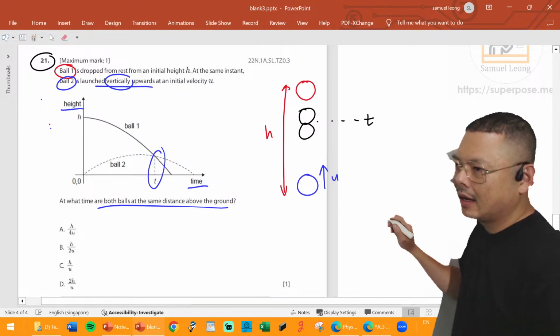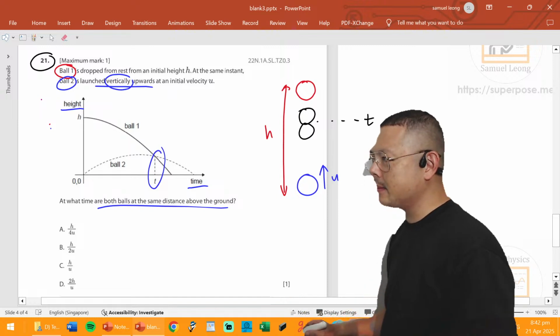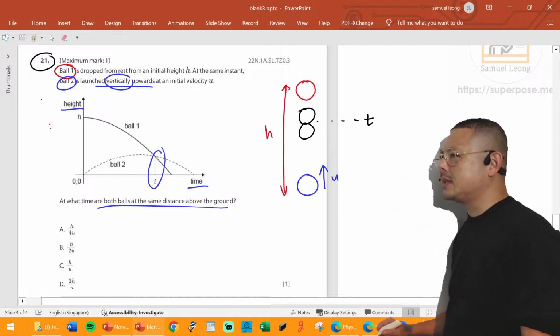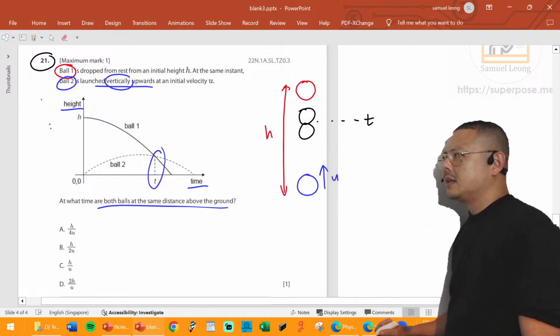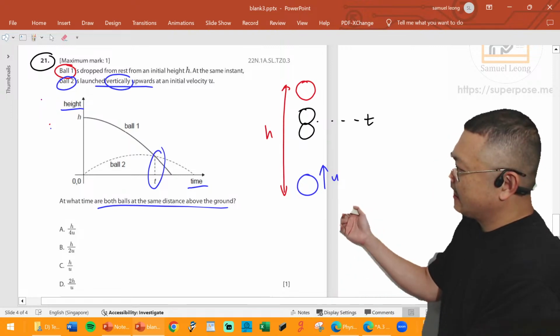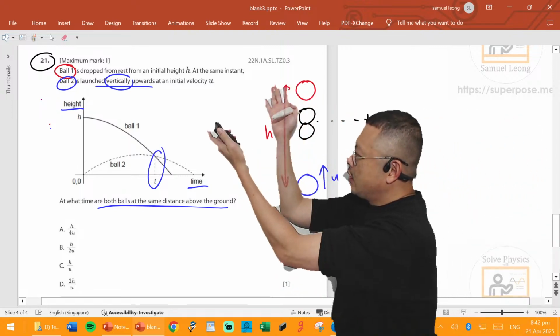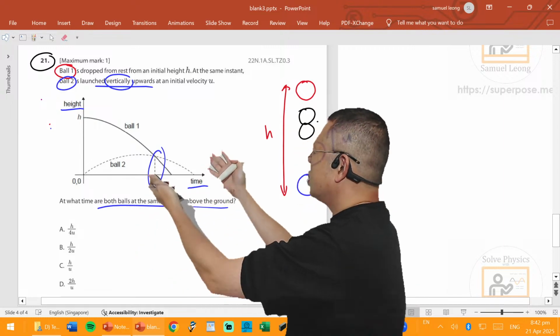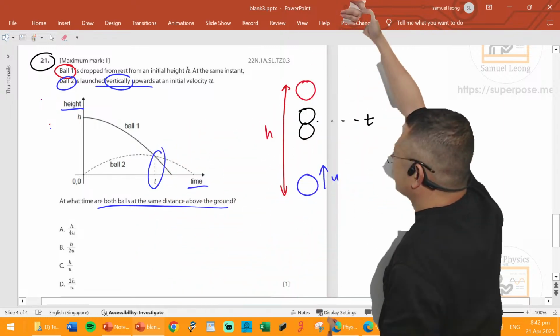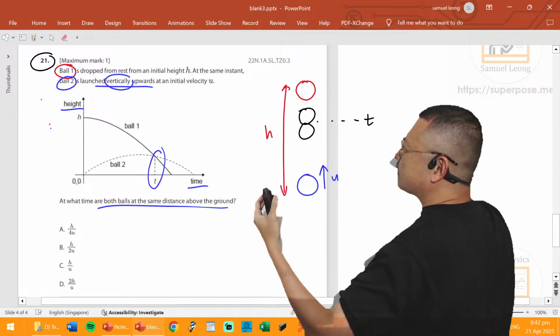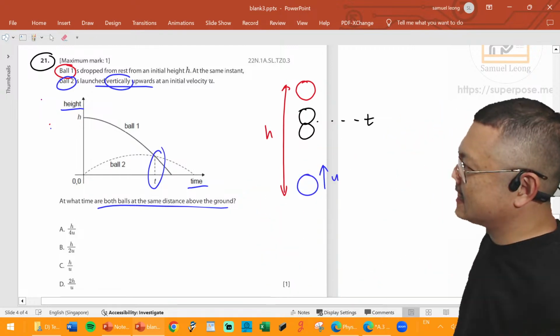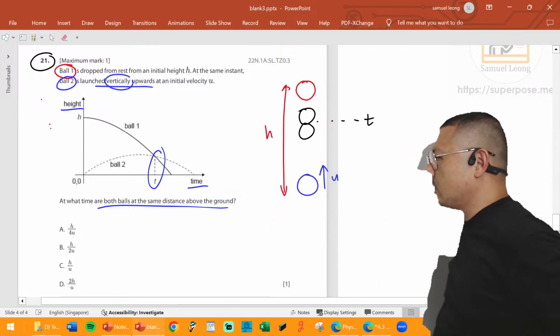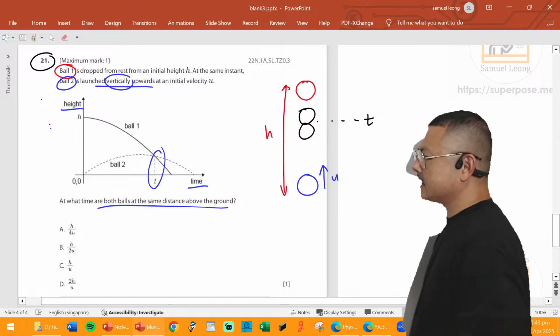I'm thinking of kinematics. It feels like you give me time, you ask me for distance. One is dropping, one is going up. I'm guessing this has got to do with kinematics because it's time.